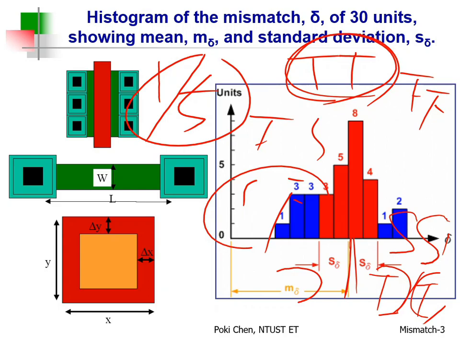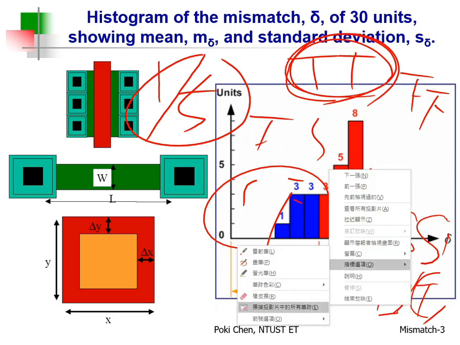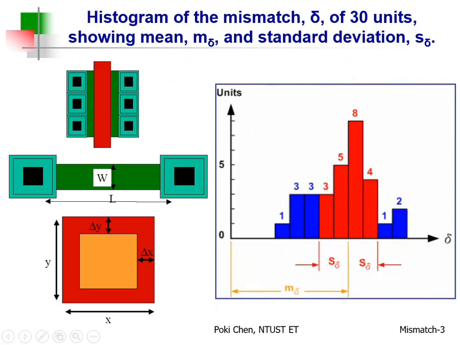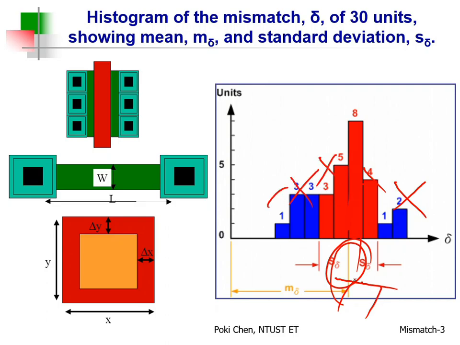But even for TT, only the mean value is perfect. Don't expect any of the MOSFETs, even under TT, will be here. No. Don't expect that. Only the mean value. But the real value is larger than or smaller than the ideal value.